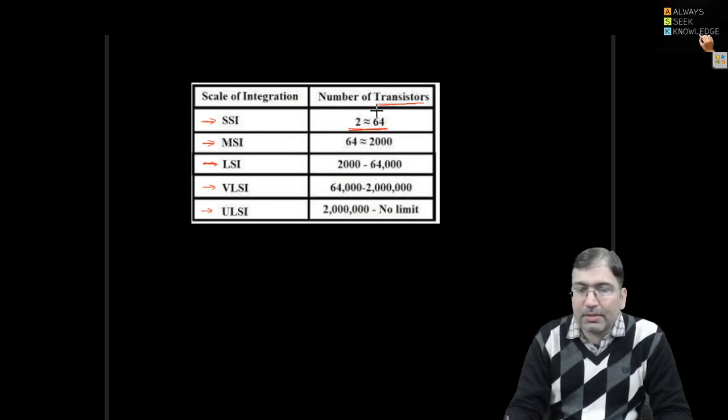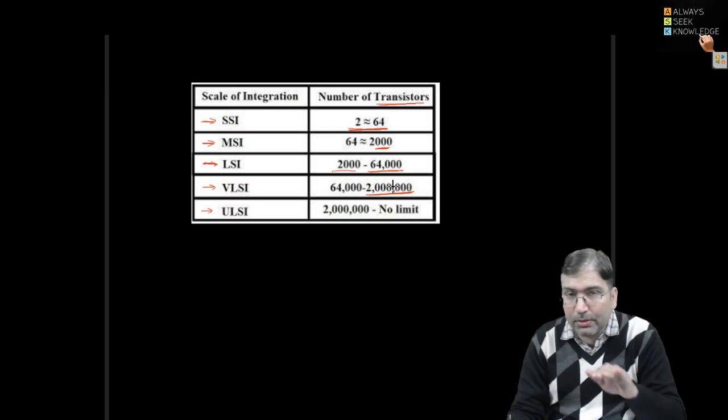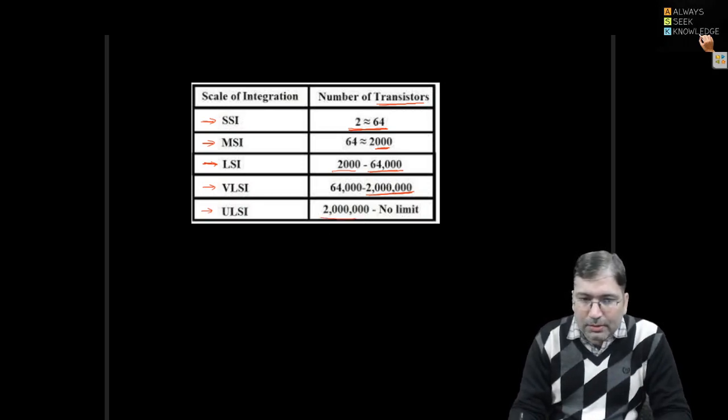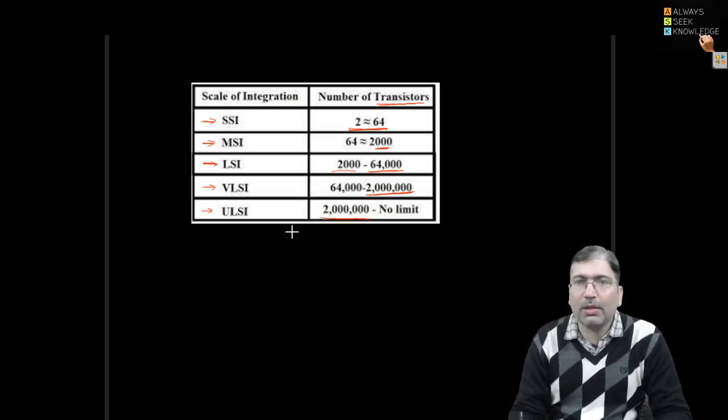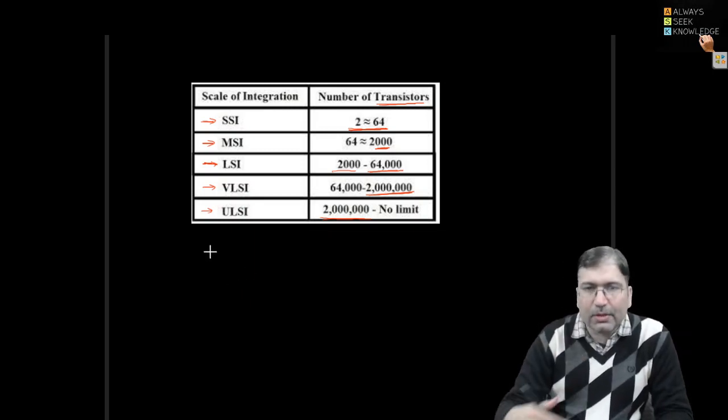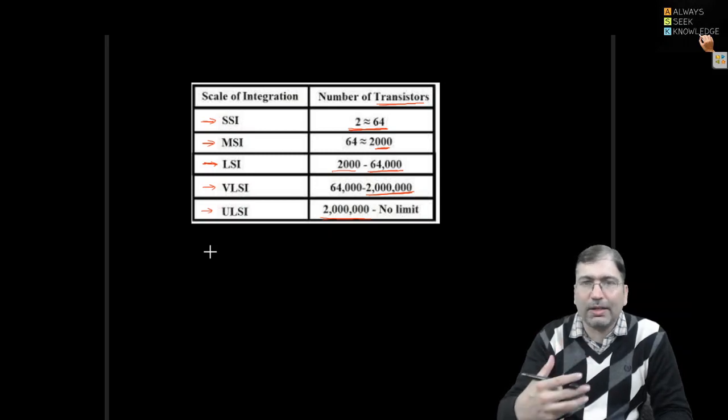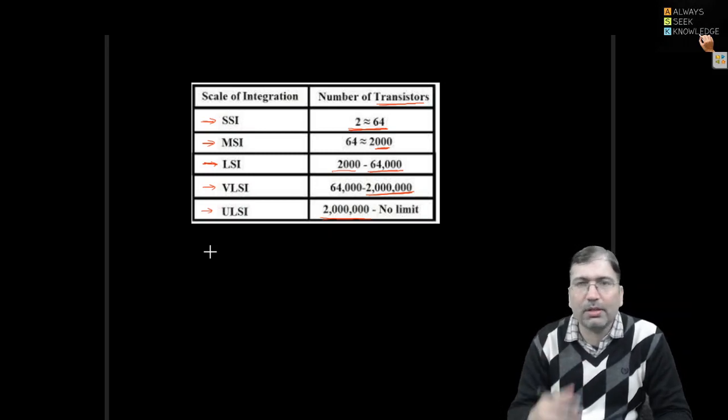The number of transistors from 2 to around 64 is small scale, then 64 to around 2000 is medium scale, large scale is from 2000 to around 64,000, and very large scale is somewhere around 2 million transistors connected on a particular device. And if it is beyond 2 million, then we can say ultra large scale. Okay, so I hope this description will help you to understand and recall the different generations of computers.